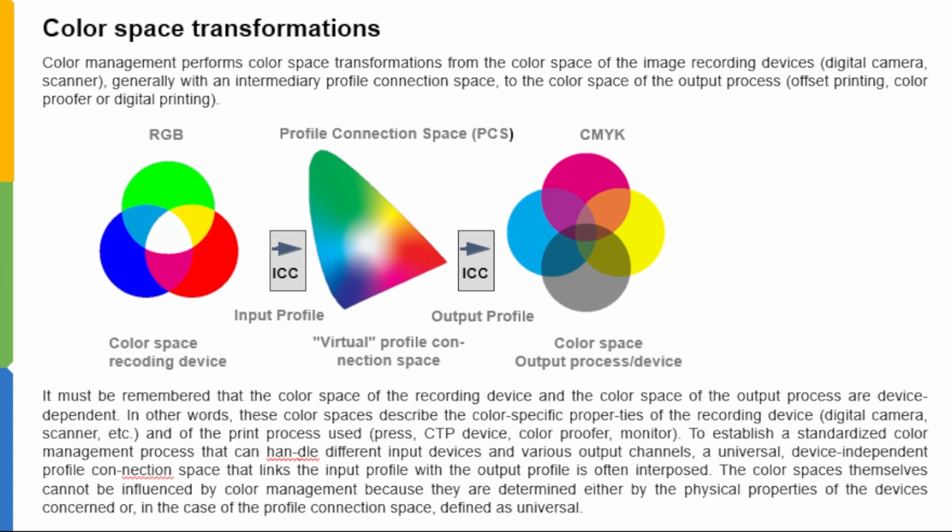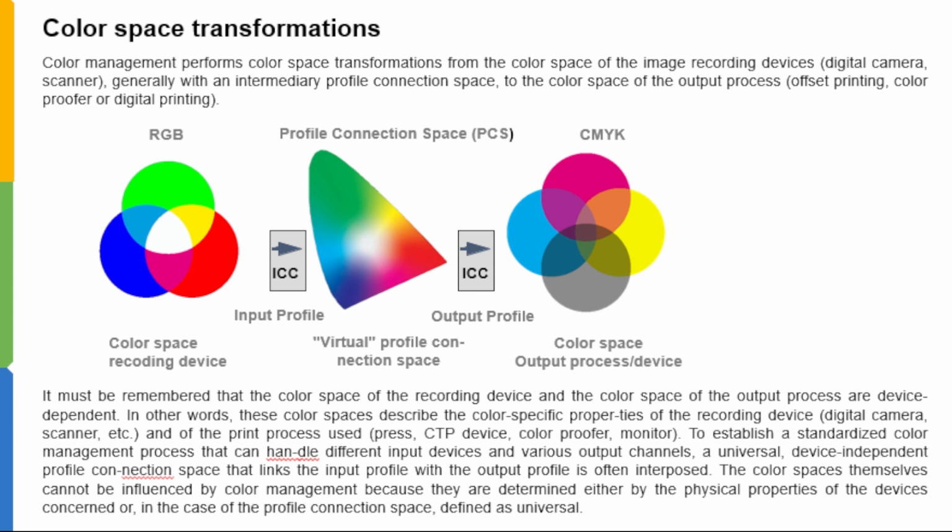It must be remembered that the color space of the recording device and the color space of the output process are device dependent. In other words, these color spaces describe the color specific properties of the recording device, digital camera, scanner, etc., and of the print process used, for example pre-press, press, CTP device, color proofer, monitor.